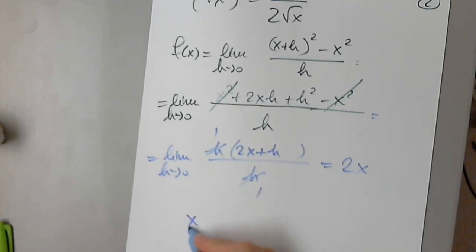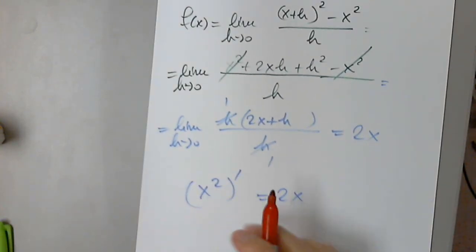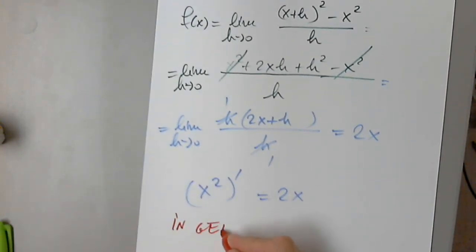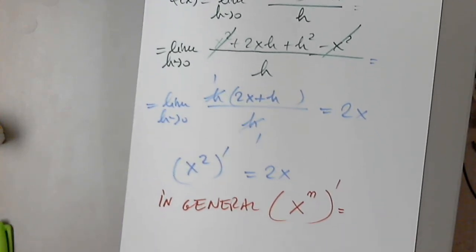Very good. So now moving forward, I hope that we will all remember this. We proved it together, and we should be able to use it moving forward. Now, in general, this was specifically for x squared. In general, let's differentiate x to the nth power. This is our first rule.